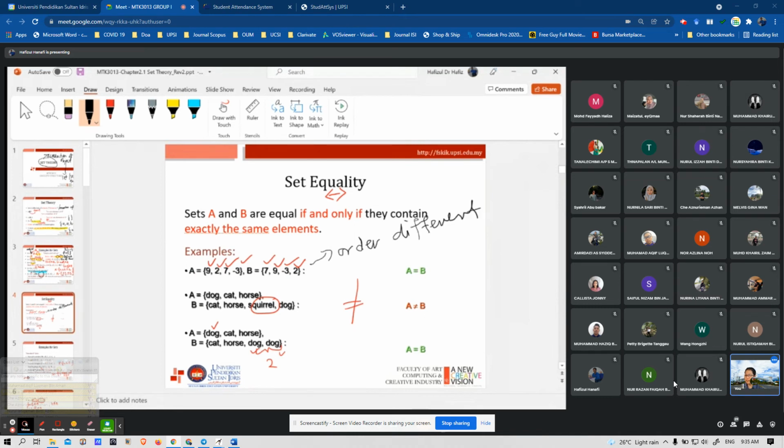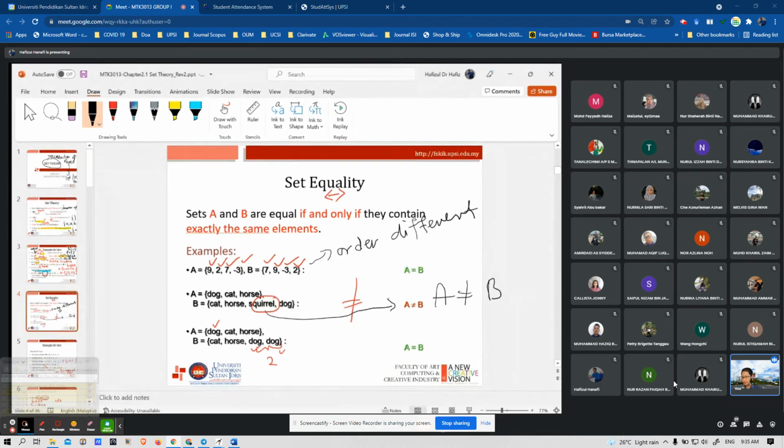For example, here A is not the same as B, because the square is not in the list. And this one, A is equal to B, because as we mentioned before, it doesn't matter how often the same element is listed.